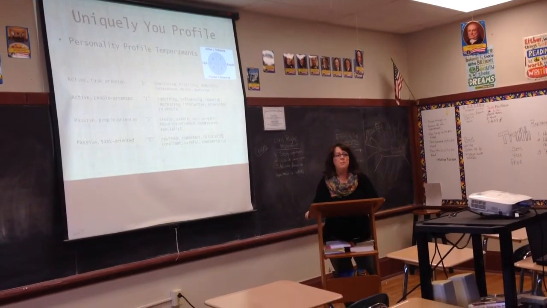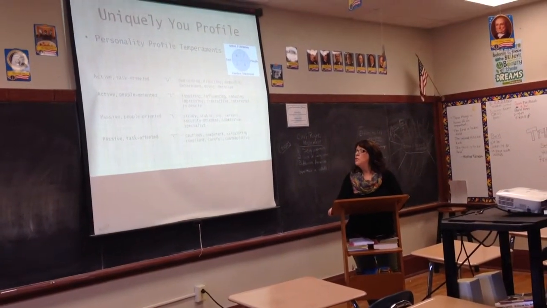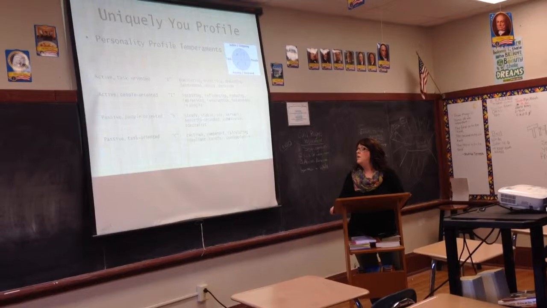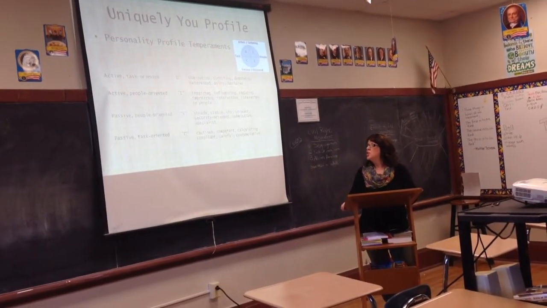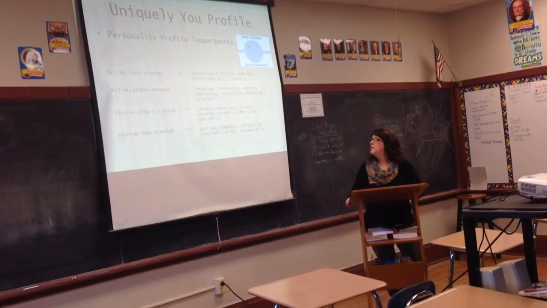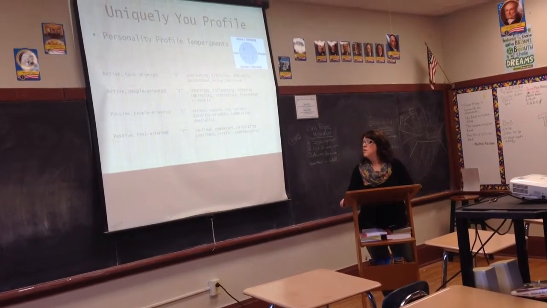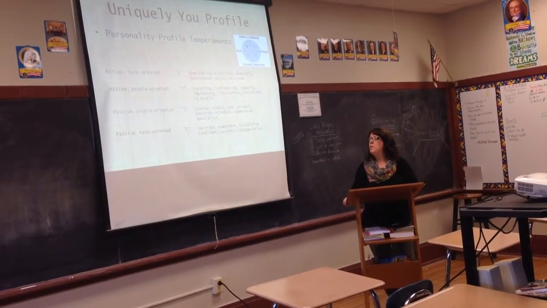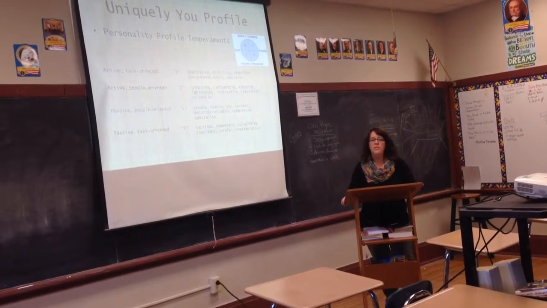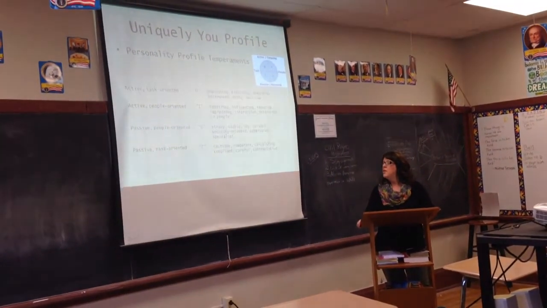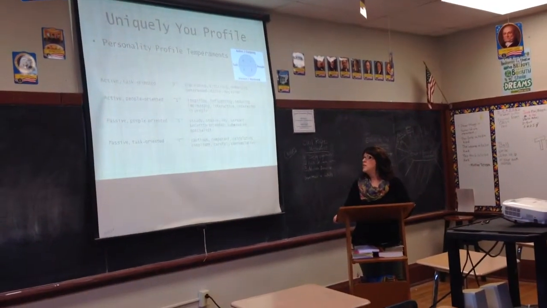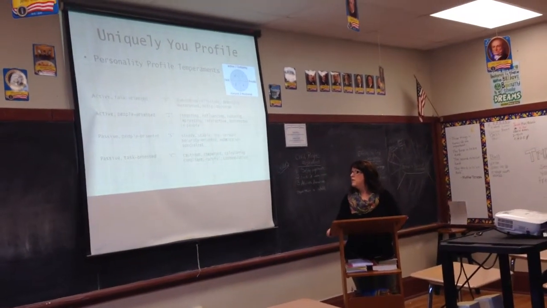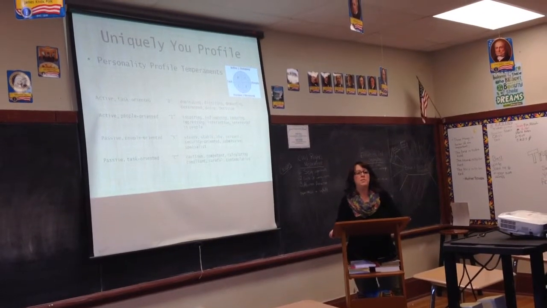These are passive, people-oriented, and words that would describe them would be steady, stable, shy, servant, security-oriented, submissive, and specialist. And then there is the C temperament. These are passive, task-oriented people. So cautious, competent, calculating, compliant, careful, and contemplative are all words that describe these people.